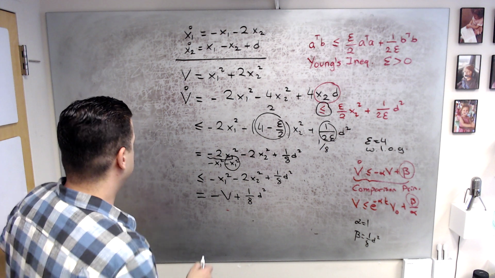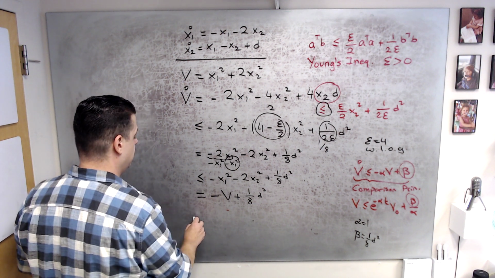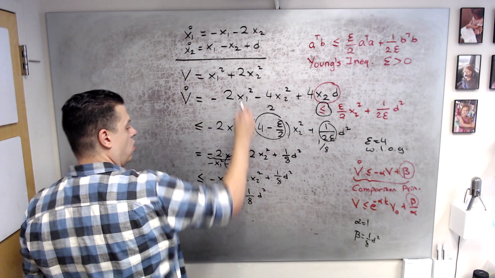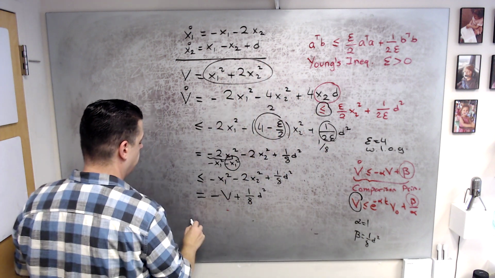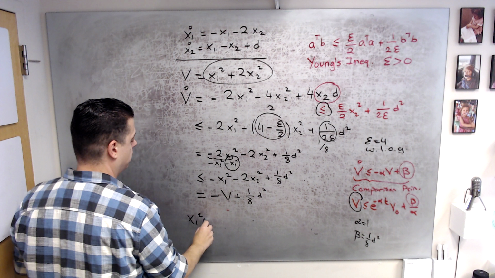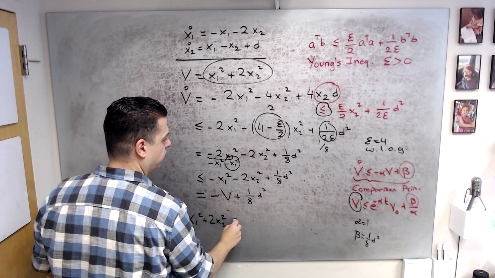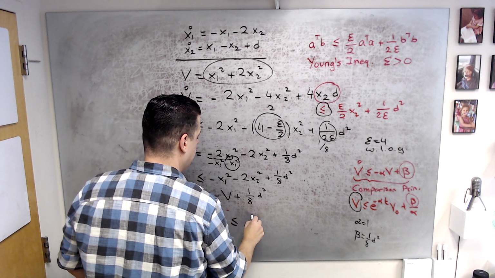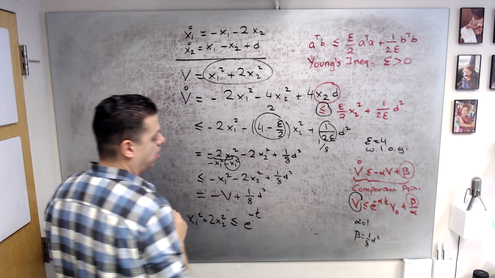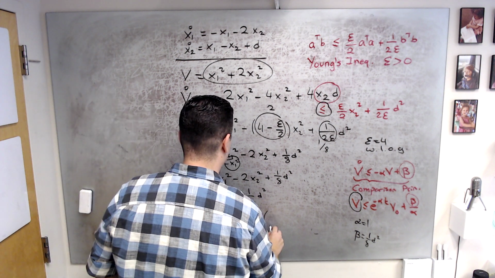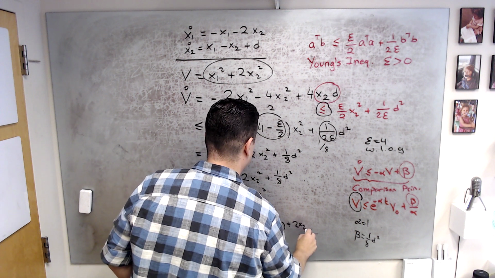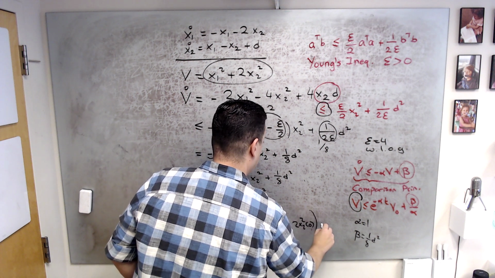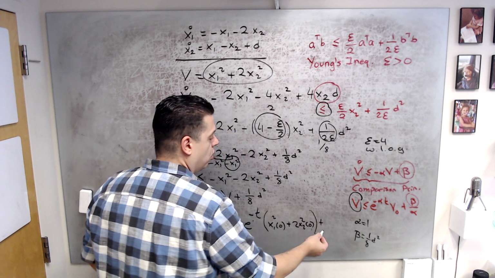So in this case, basically V is this, right? V, x1 to the power of 2 plus x2 to the power of 2, is upper bounded by e to the power of minus t, since alpha is 1, multiplied by V0. What is V0? x1(0) to the power of 2 plus x2(0) to the power of 2, plus beta over alpha.